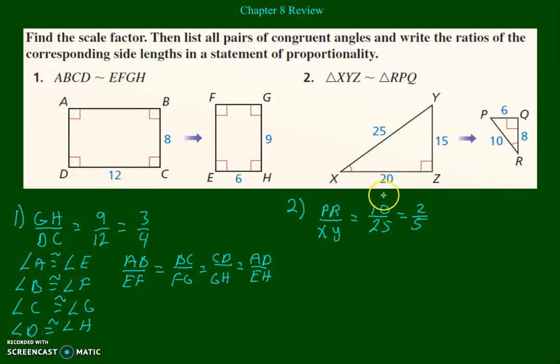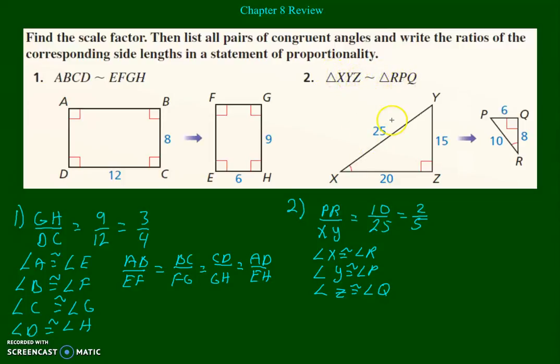Then we want our congruent statement, so we have angle X is congruent to angle R, Y to P, Z to Q. So angle X is congruent to angle R, angle Y is congruent to angle P, and angle Z is congruent to angle Q. And finally, our similarity statement will guide us to the ratios of our corresponding side lengths.